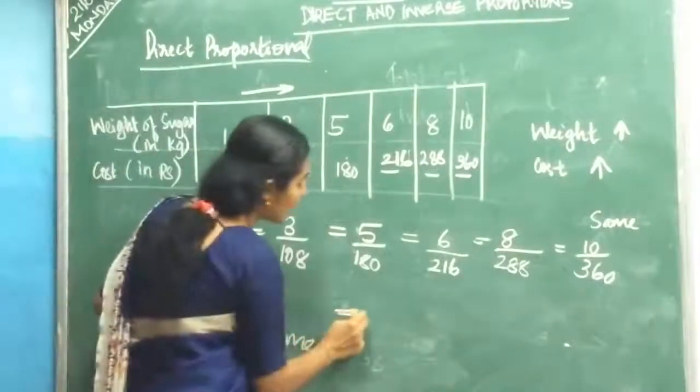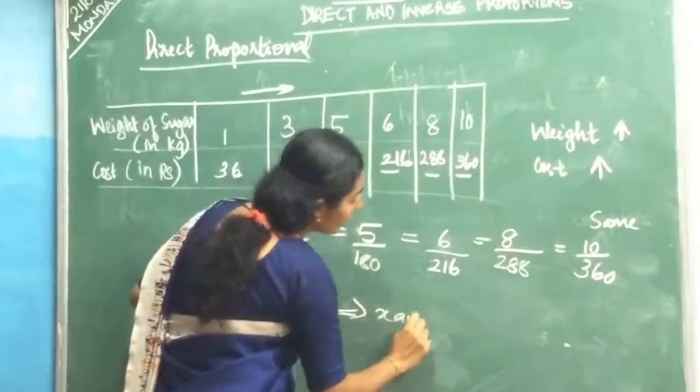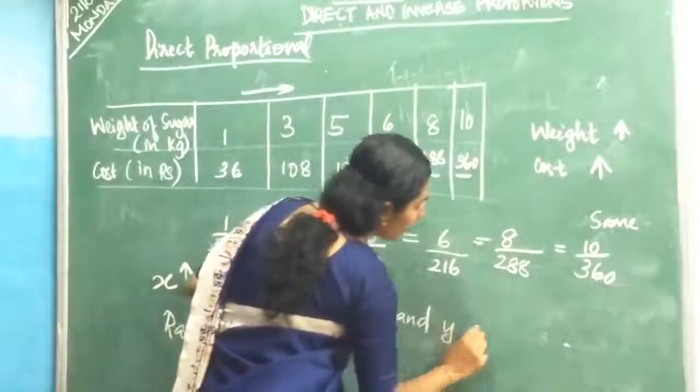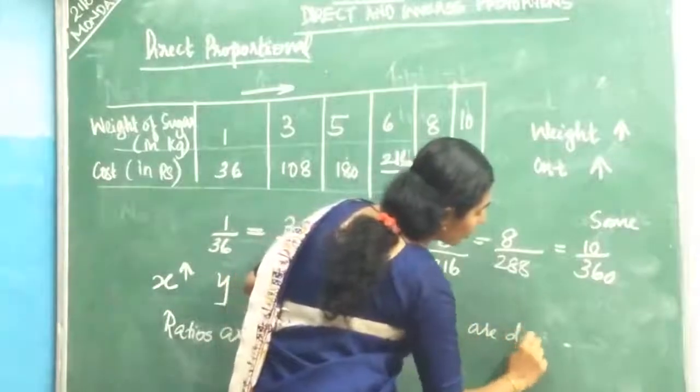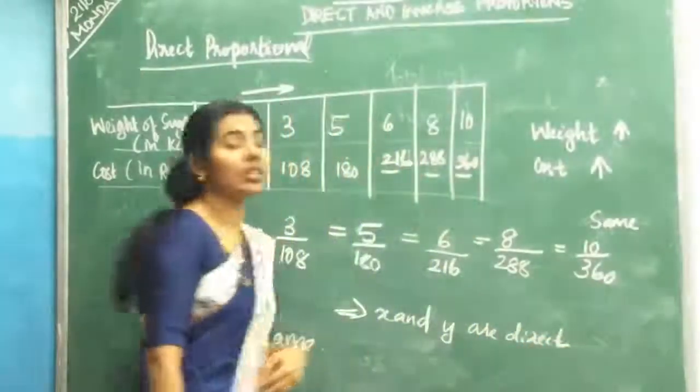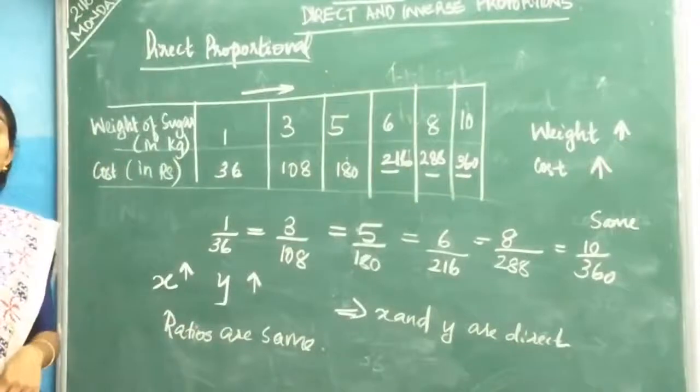That means x and y are in direct proportion.